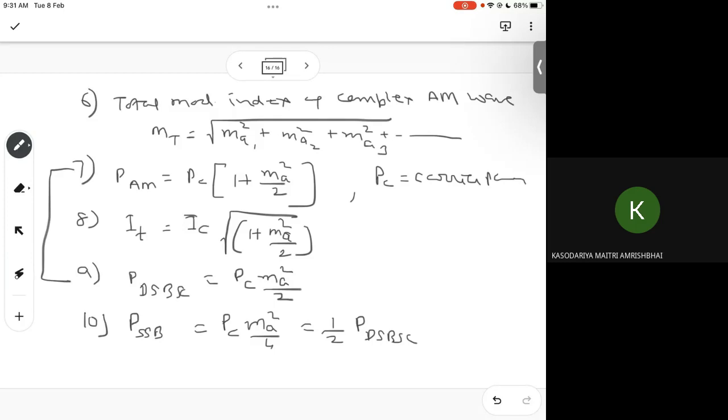This is basically from the power point of view. So this makes my whole story complete about the AM part. If I have a modulation signal which is changed from 0 to 1, your power will increase.